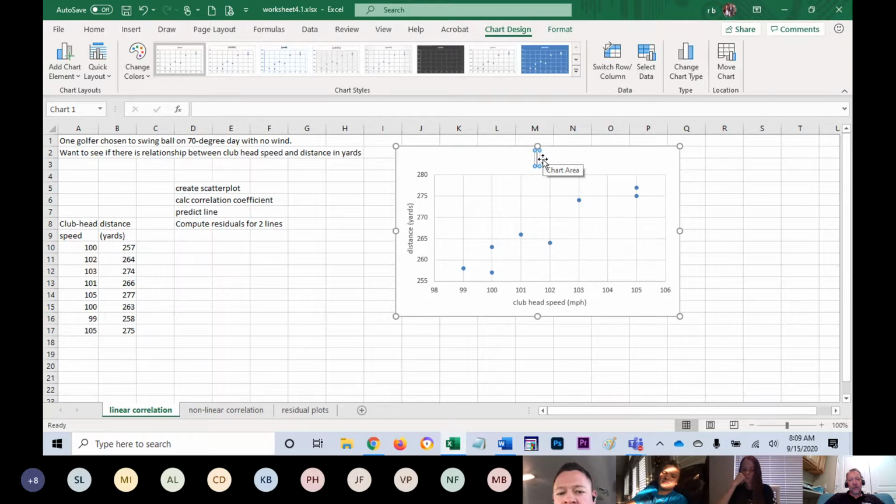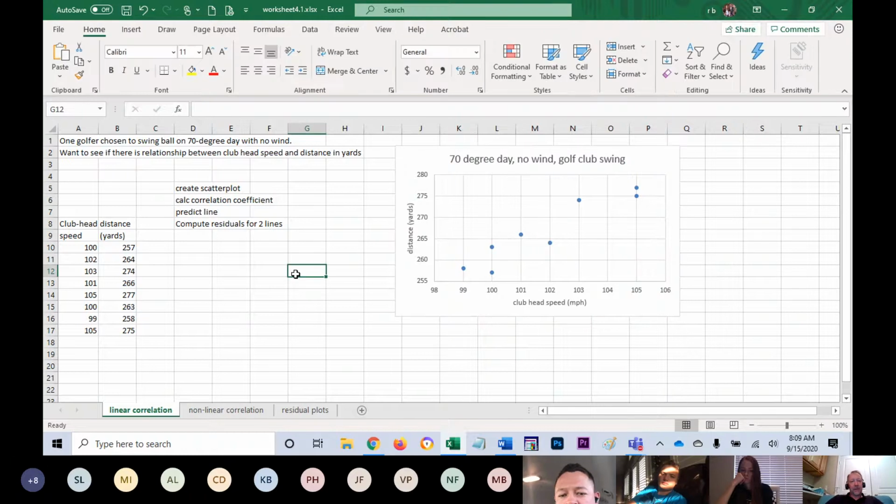Well, we've already got distance here. I'd probably put 70-degree day, no wind, golf club swing. Okay, something like that.